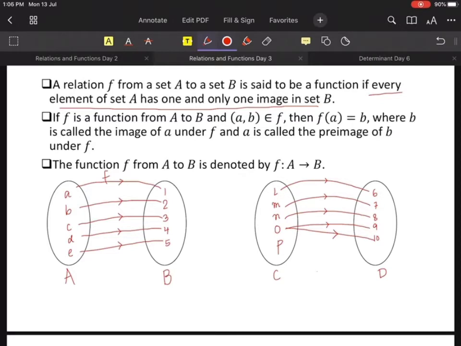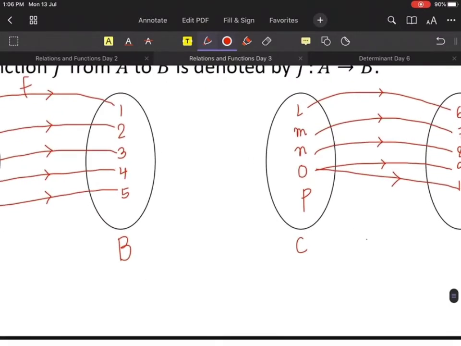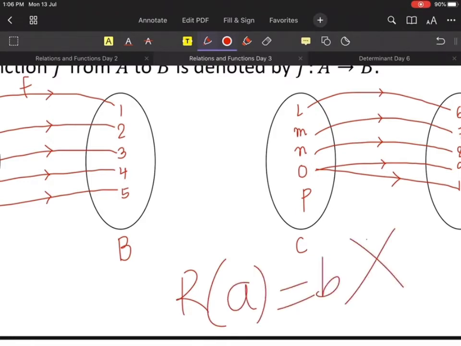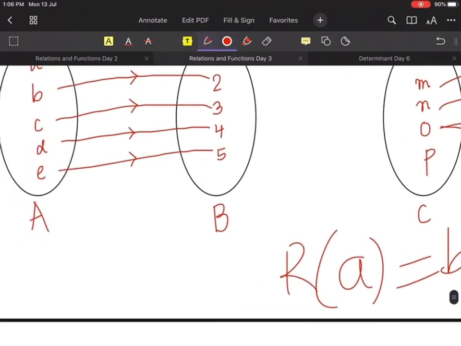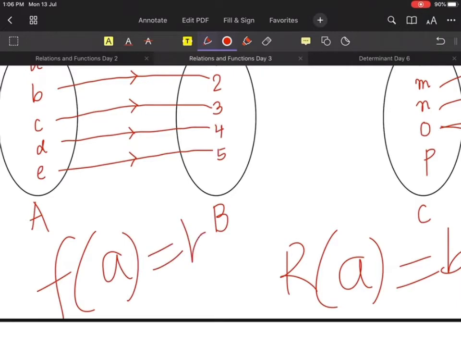In the same way, since a function is a special kind of relation, I can say that (a, b) is an element of f. Then f(a) is equal to b. This is the most important thing about functions. This is not true for relations, but this is important for functions. We did relations, but for relations I cannot write like this. This is not true at all.